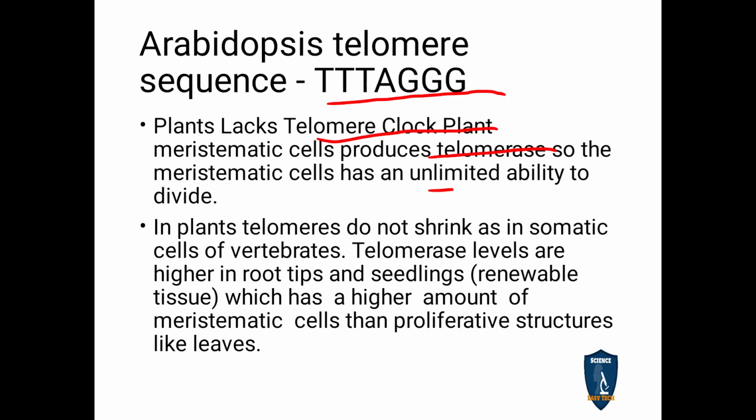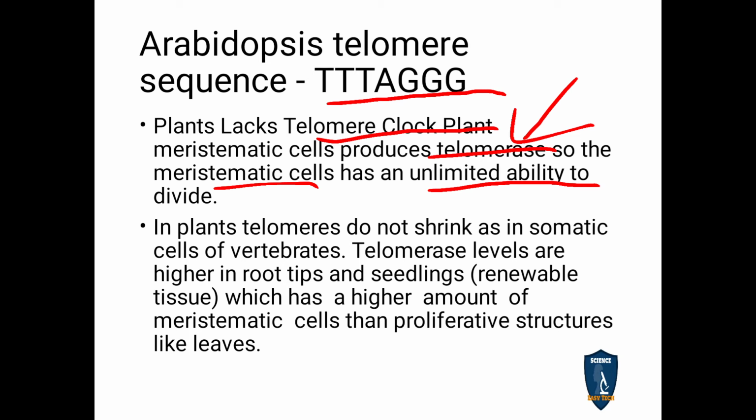Meristematic means it goes on dividing and producing new cells. In plants, telomeres do not shrink as in somatic cells of vertebrates.